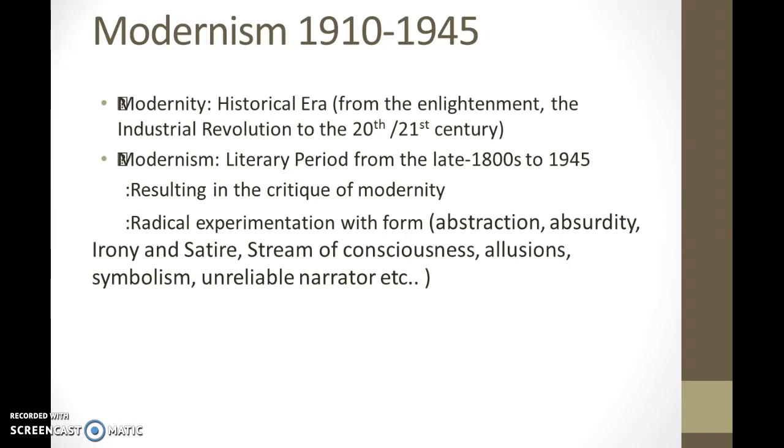So when dealing with the problem of modernity, we are dealing with at least 500 years of social, historical, cultural, and political development. On the other hand, modernism specifically refers to a literary period from the late 1800s to 1945.